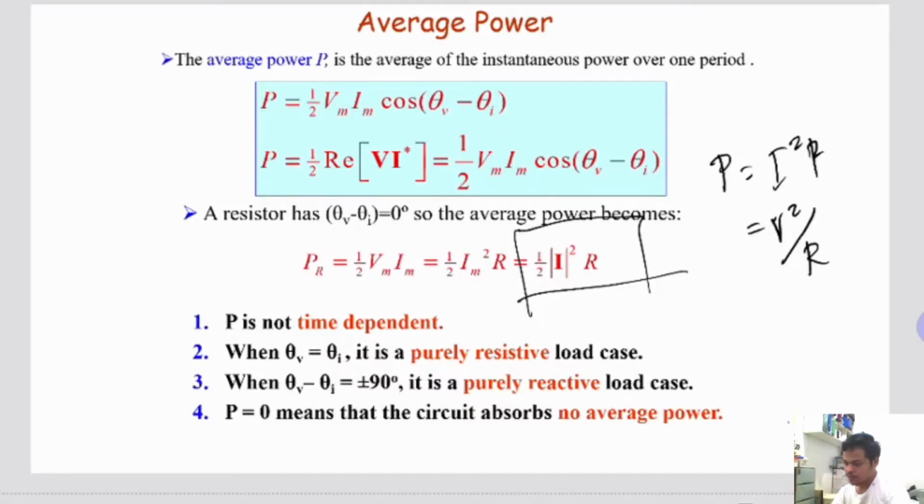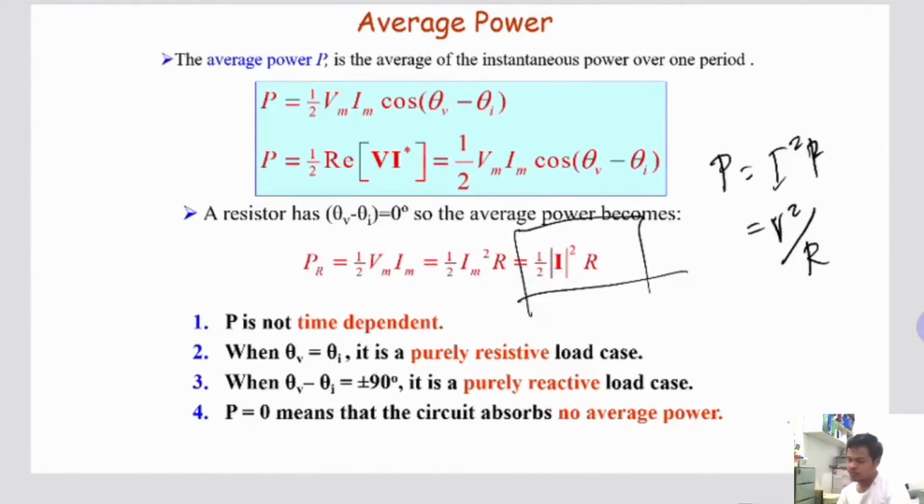Take note, for average power, P is not time dependent. When the angle of the voltage is equal to the angle of our current, the load is purely resistive.